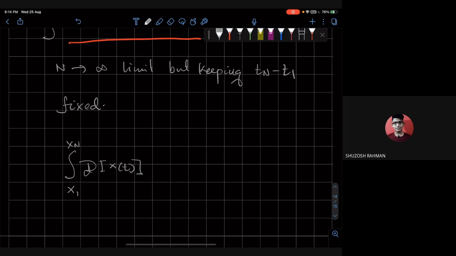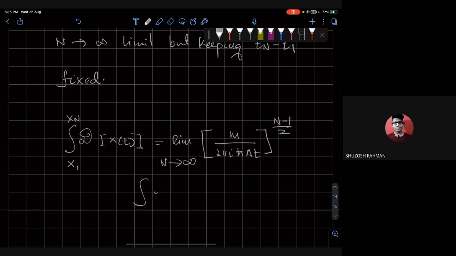Sometimes this D is written as a curly D. Let's write a curly D. And this is defined to be the limit in which N goes to infinity of a normalization constant, which is m divided by 2 pi i h bar delta t to the power N minus 1 by 2, and then a bunch of integrals, dx n minus 1, dx n minus 2, dot dot dot, dx 2.